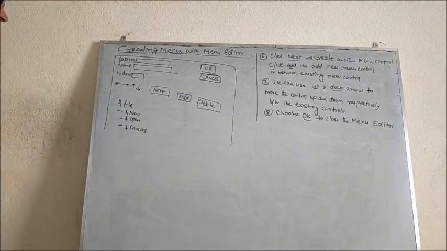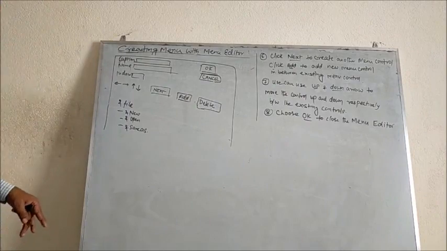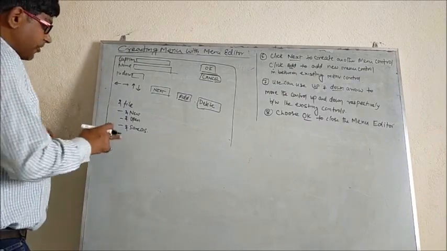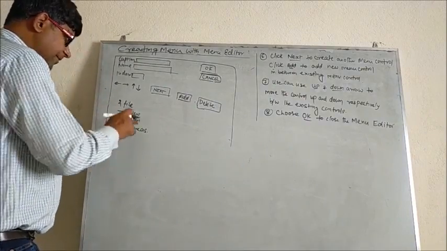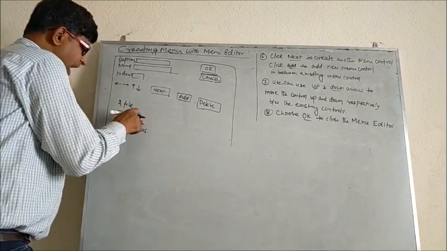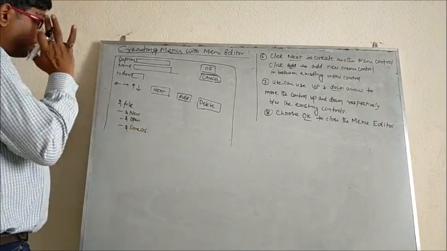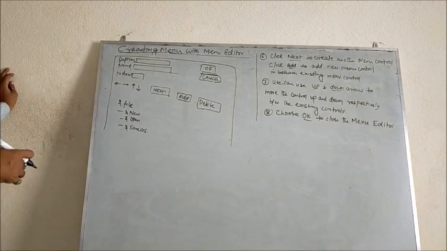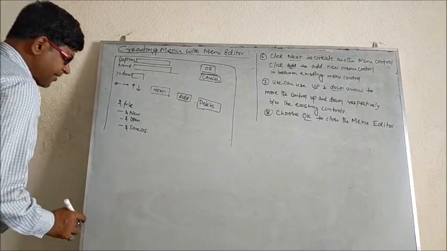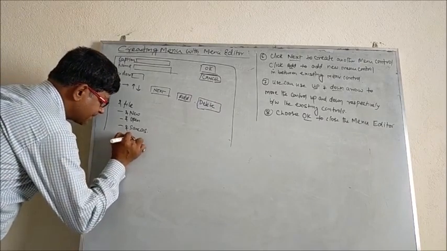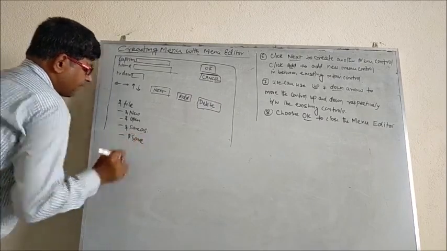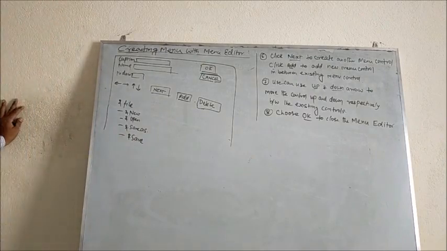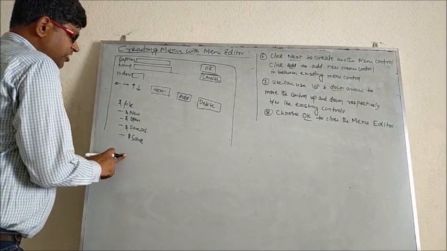Now if I want to add something, I have forgotten to take Save. I have taken New, Open, Save As, but I have forgotten to take the Save command. So can we use the Save command or not? Yes, we can use it. Initially the Save command will be here, ampersand Save, right?